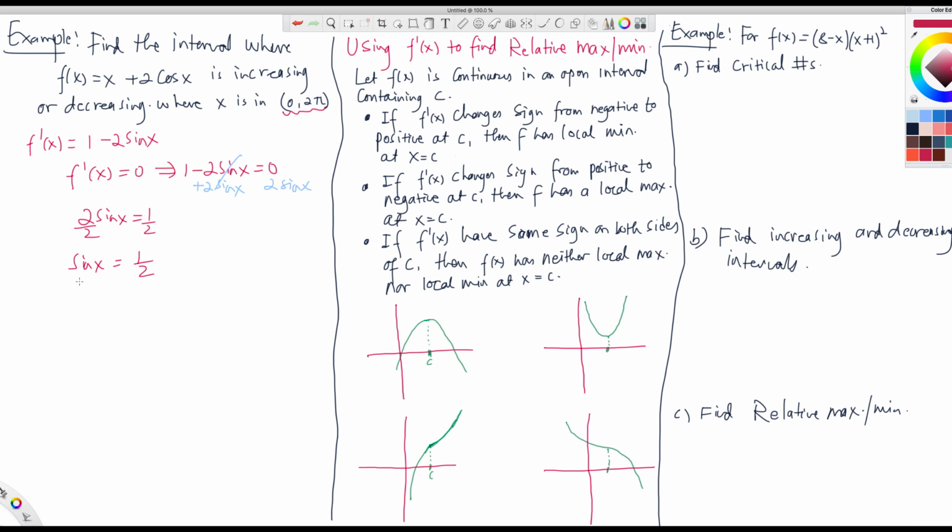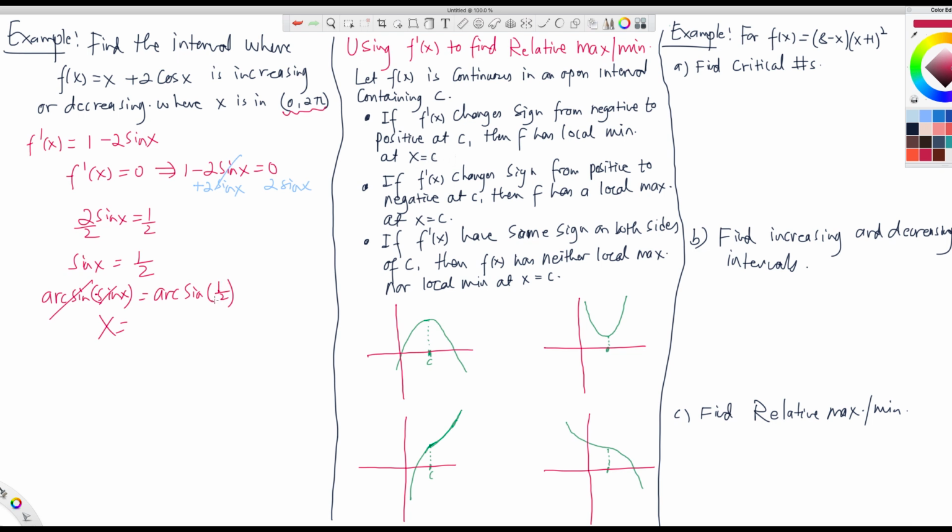So you take the arc sine of both sides. Arc sine and sine cancel out, so what is left is x equals arc sine of 1/2.